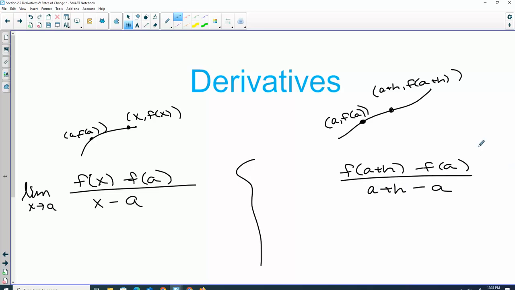If you do that, what happens to your a's? They cancel. So it's over h. And if I want this to be the true slope, these need to be getting closer together. So I need to do the limit as h is approaching 0. So those were the two definitions.